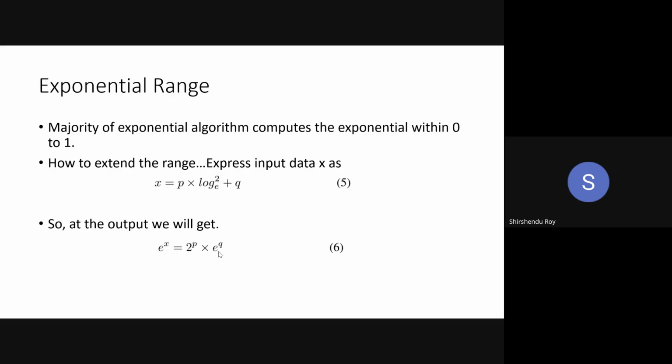So you can easily multiply a value by 2 to the power p. This is the technique to extend the range of the exponential. But there is one more question: is this extension of the exponential worth it or not?